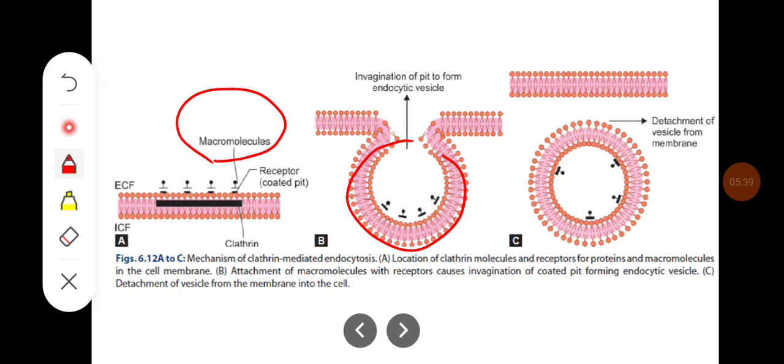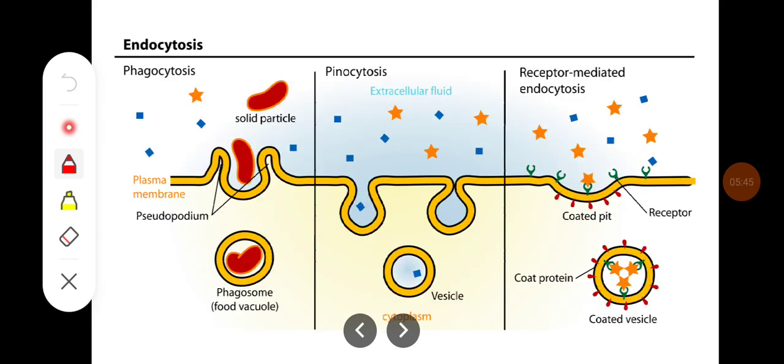Then there will be detachment of the vesicle from the membrane into the cell. This is another diagram showing receptor mediated endocytosis. Substances attach on the receptors, which are associated with Clathrins, and then they get invaginated and detached from the cell membrane.